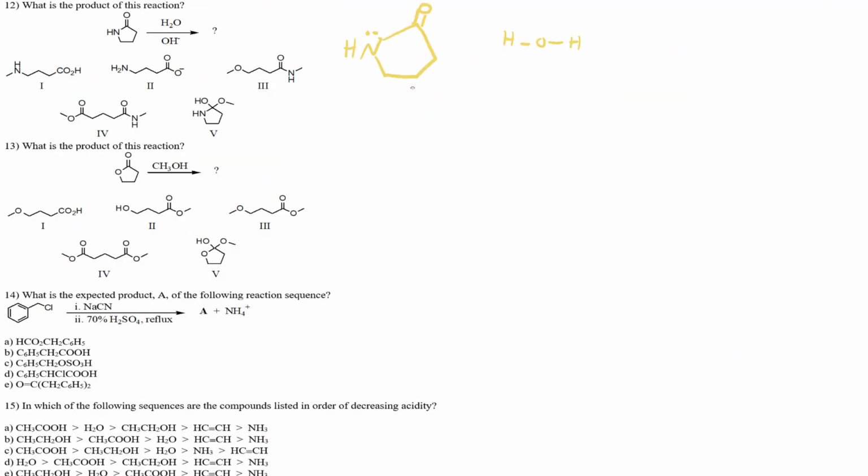Number 12. What is a product of this reaction? Alright, so the product of this reaction begins in this fashion. Right here, the hydrogen leaves and will be attracted to this oxygen. And we form this compound. Okay, so we form that compound. Right here is a positive carbon, right?